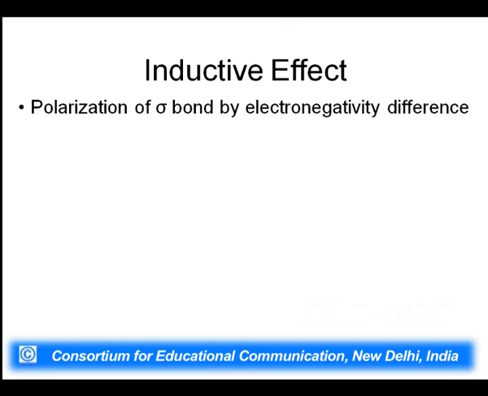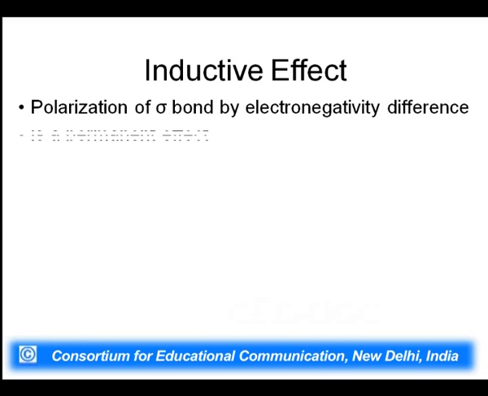This polarization of a sigma bond, due to the electronegativity difference, or due to the presence of a more electronegative atom between the two sharing atoms, is called the inductive effect. So, we may define the inductive effect as the polarization of a sigma bond by electronegativity difference between the two atoms or groups which are present.